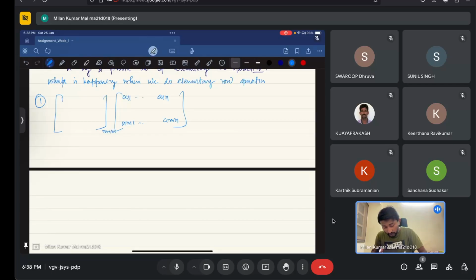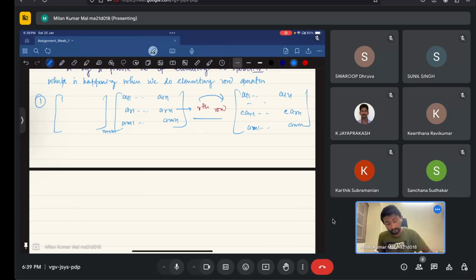Suppose I want to multiply the rth row by a non-zero scalar C. Then this matrix will have all rows as they are, except the rth row, which will be C times the rth row.